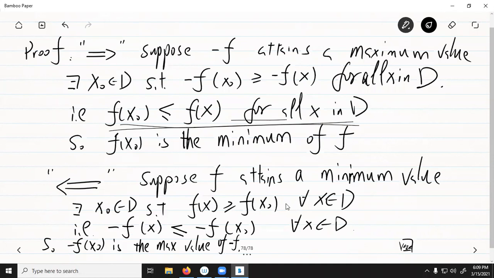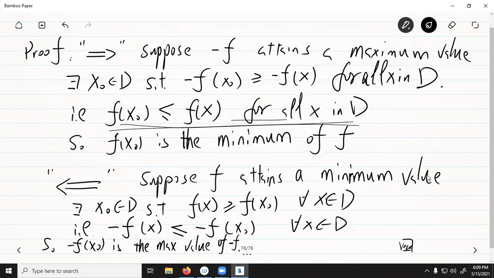I just use math language to restate the maximum value and the minimum value, restating the definition we already know. So for a proof, one very important thing is the definition. The definition is really important in the proof.